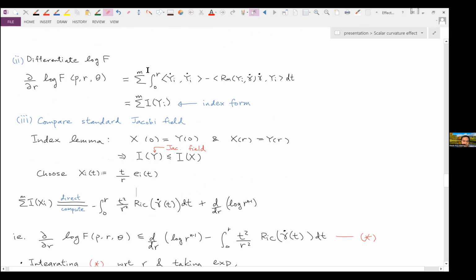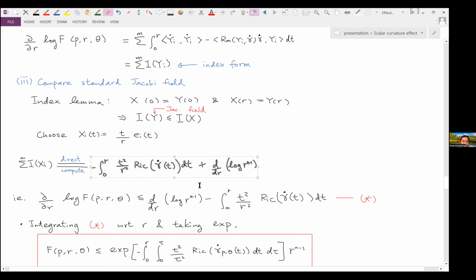If you look at this expression, everything is very explicit. You can just directly compute I of X_i, and you get something like this. You can see the Ricci term and the main term here. This is the main term because this is basically the Jacobian in the standard case, r to the power n minus 1. And this is the error term because it tells you how it deviates from the standard one.